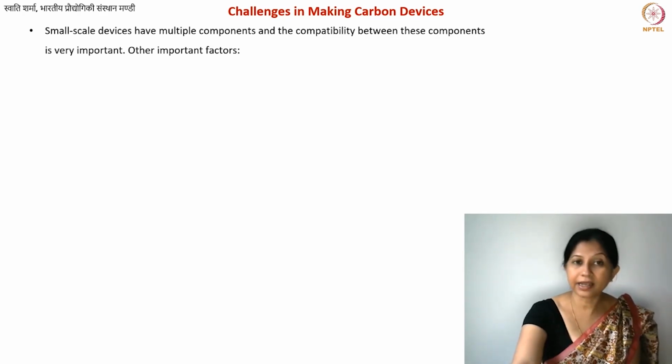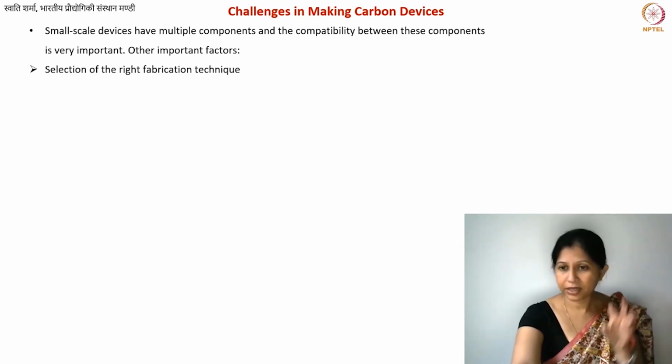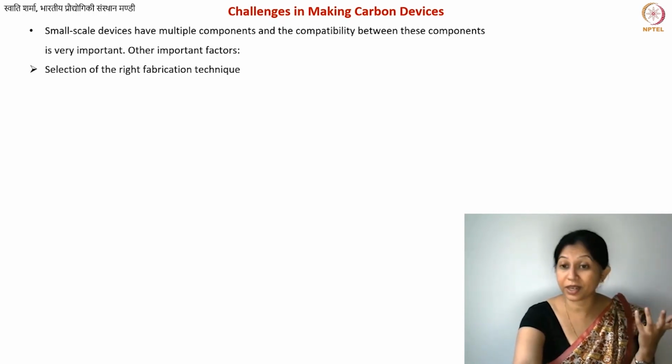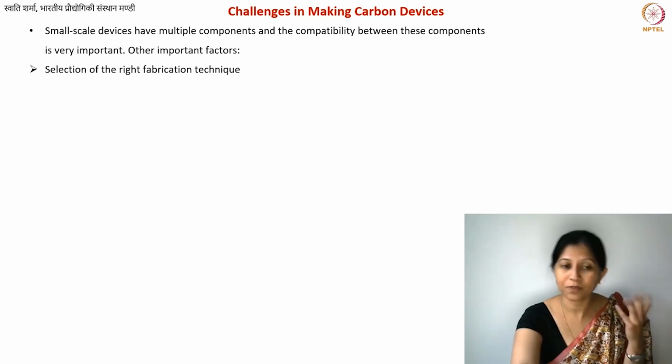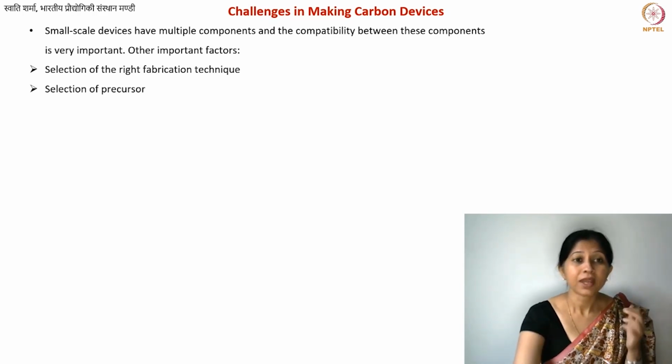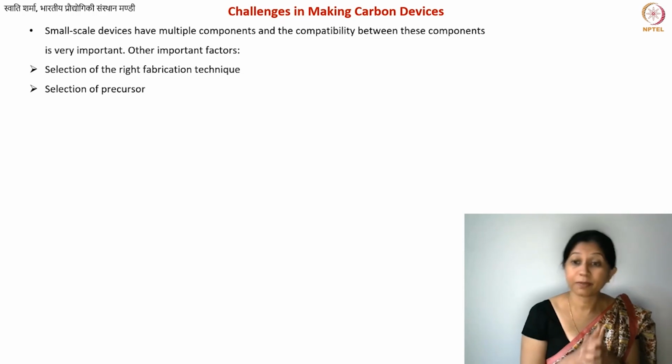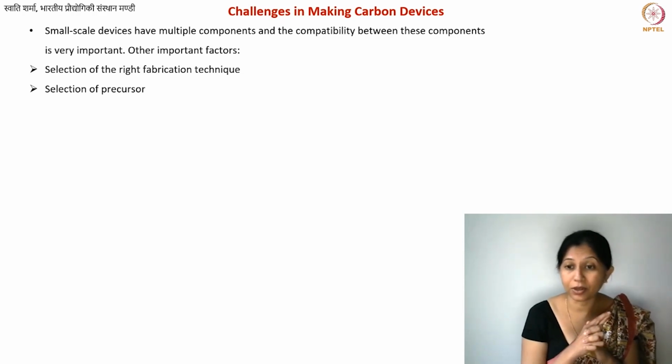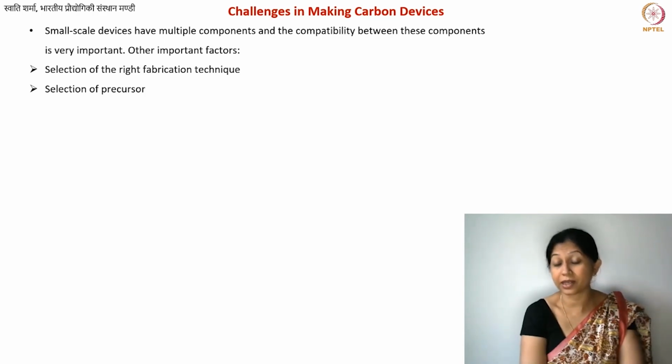Other than that, what are the important factors? I have listed a few here. First of all, you need to select the right fabrication technique, which could be a combination of two fabrication techniques. Second, selection of precursor, especially in the case of top-down type processes. We have many polymers, but the selection rules are still the same as for large-scale materials.